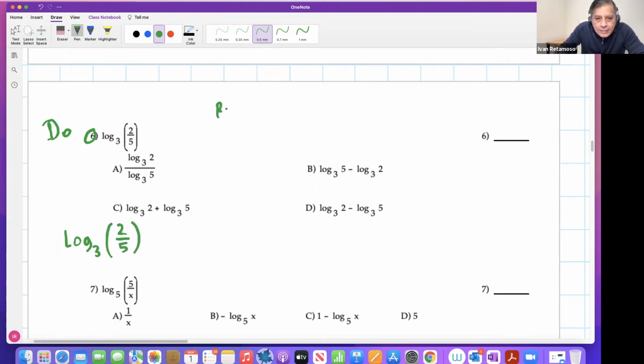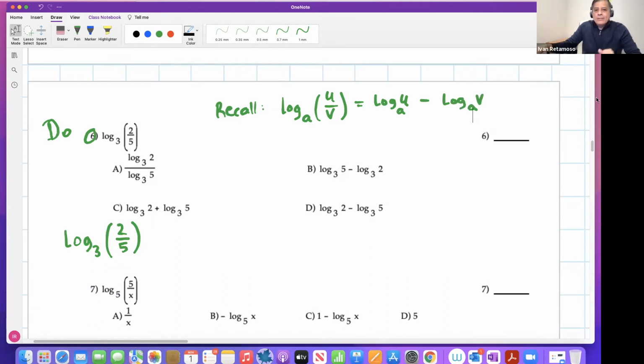And let me write here for you the quotient rule, which says log base a of u over v equals log base a of u minus log base a of v. Yeah, this is the quotient rule. Apply it and figure this out.